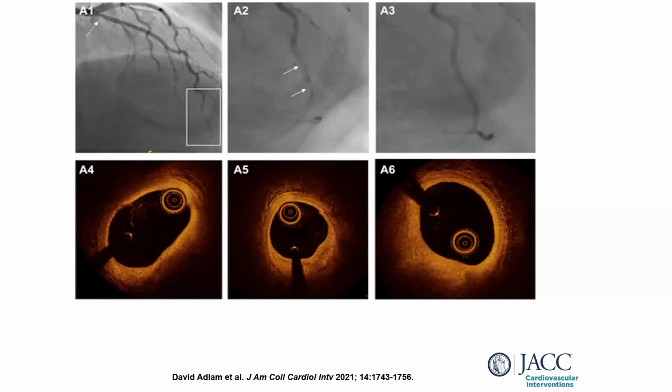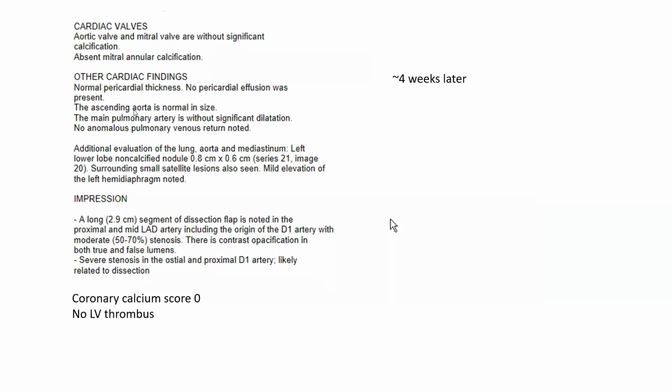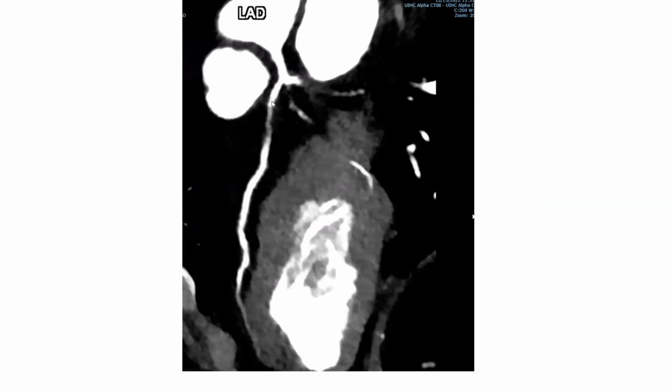Like in many medical illnesses, you go from underdiagnosis to overdiagnosis. We're still in the underdiagnosis phase, but I worry at one point we will go to the overdiagnosis phase. This patient, 4 weeks later, the patient I showed, she had a CTA, coronary calcium score was 0, and this is the LAD diagonal.